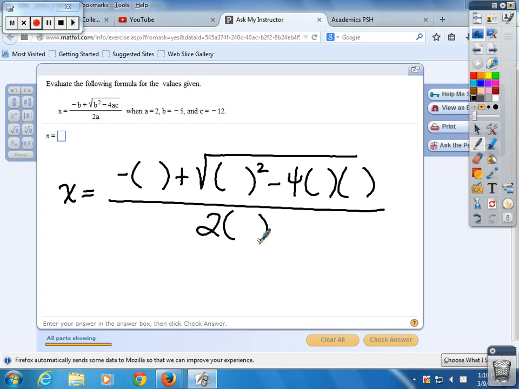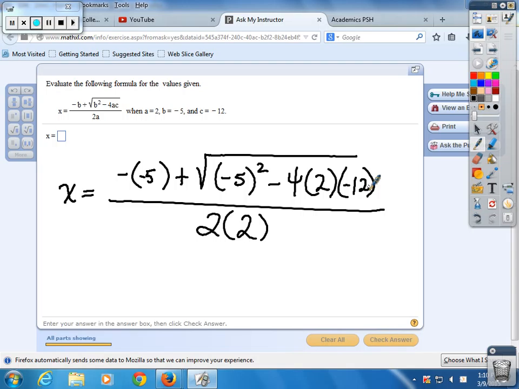Now, once I have my equation written, I plug and chug. A gets a 2. B gets a negative 5. C gets a negative 12.